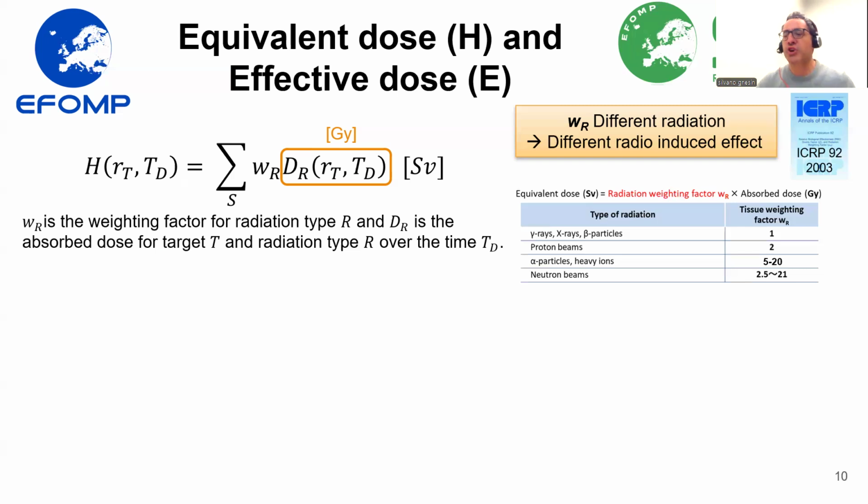So they might also change in time according to the actual knowledge. And that's why this quantity is no longer expressed in gray but in sievert, because it is weighted with this radiobiologically defined weighting factor.